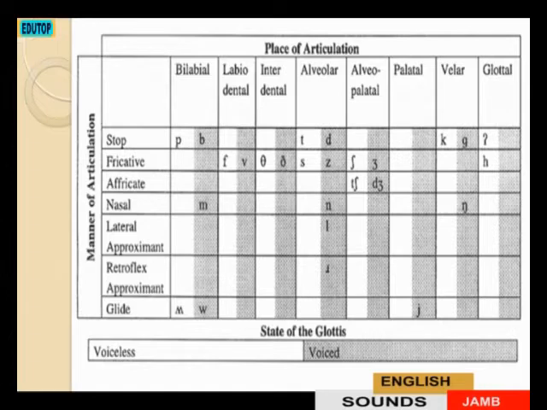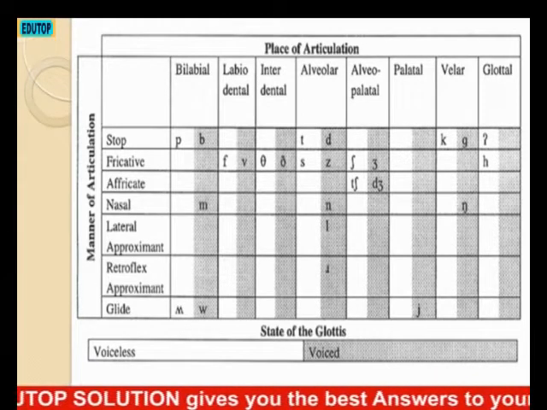To the left hand side, we have manner of articulation, and under manner of articulation we have labels like stop, which is also referred to as plosive, fricative, affricate, nasal, lateral, approximants, retroflex approximants, and glide.